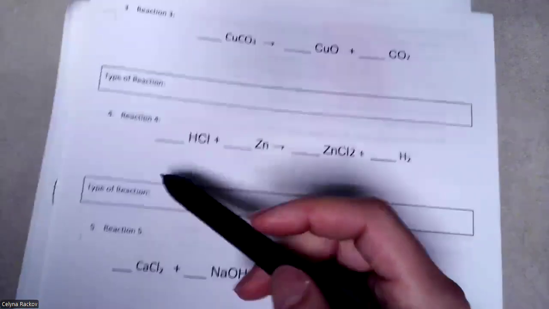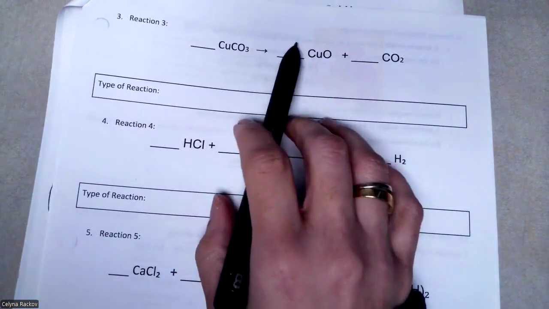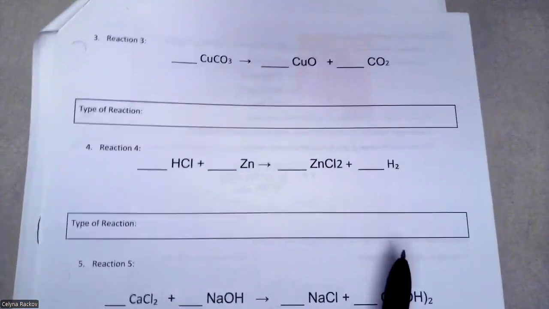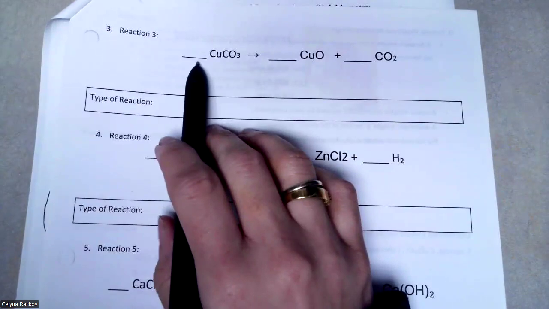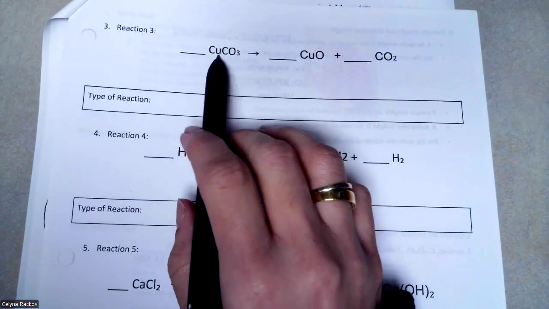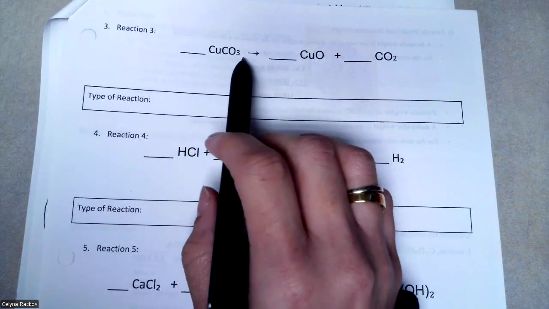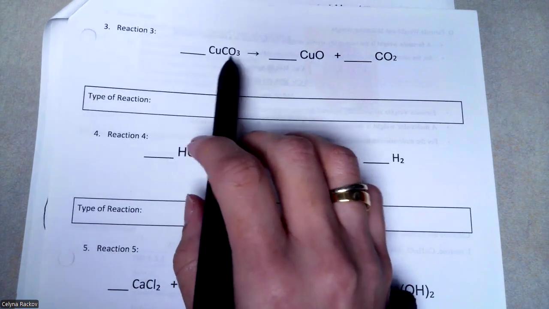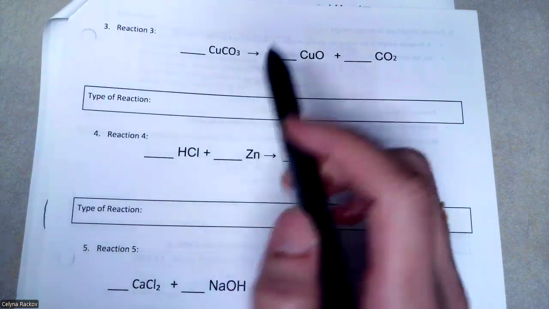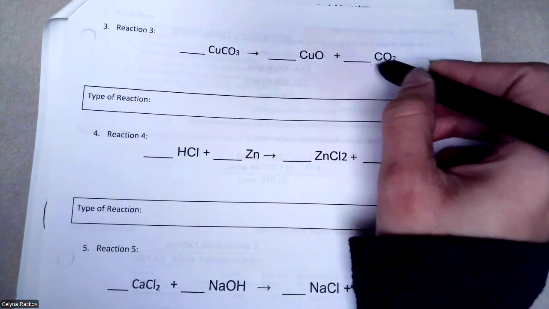Okay, so then you have more problems here for you to practice and balance. Here, copper carbonate, I'm sorry. Copper carbonate makes copper oxide and carbon dioxide.